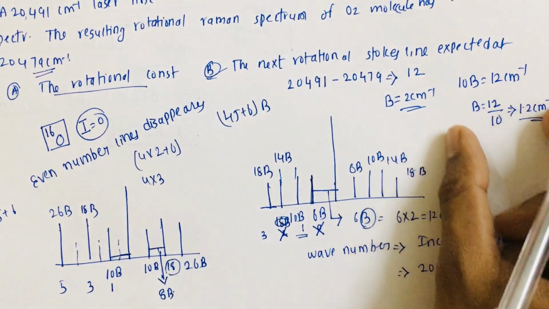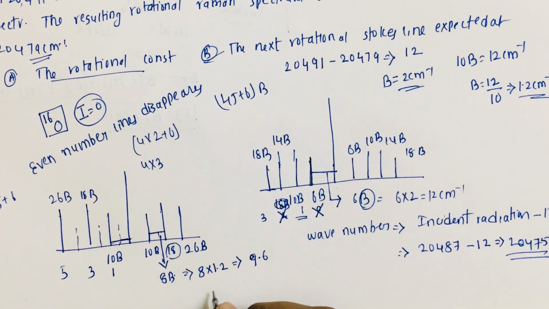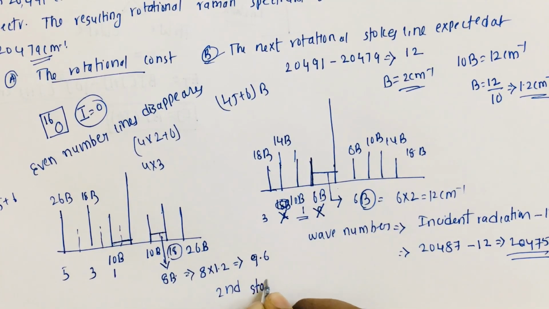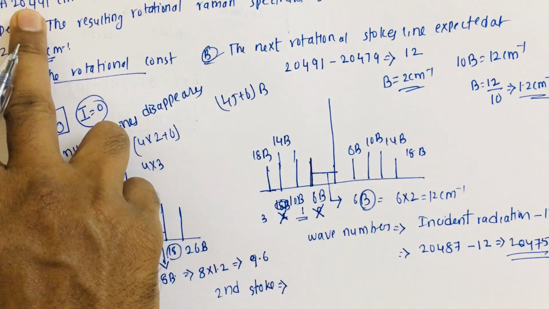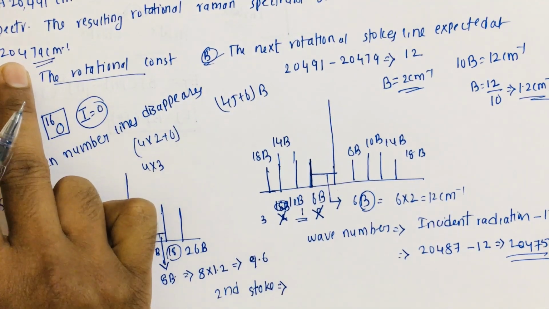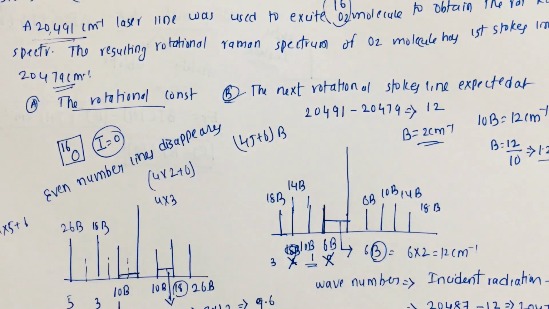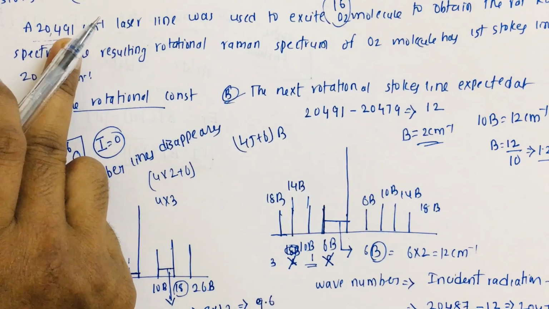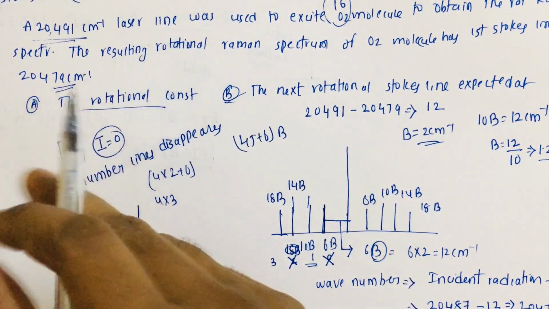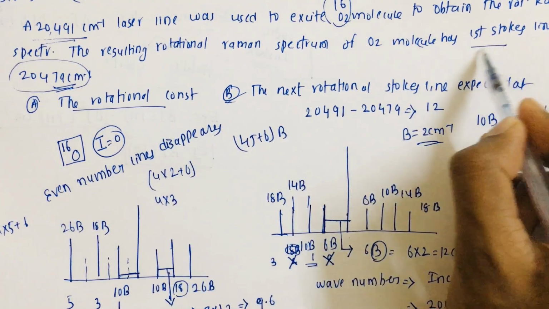We already calculated the B value as 1.2, so this will be 8 into 1.2, which comes out to be 9.6. Now for the second Stokes line, we should not take the incident radiation, because that we can use only to calculate the first Stokes line. For the second Stokes line, you have to take the first Stokes line, because the first Stokes line is appearing at this.